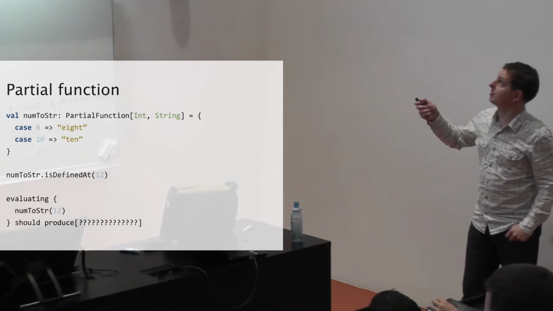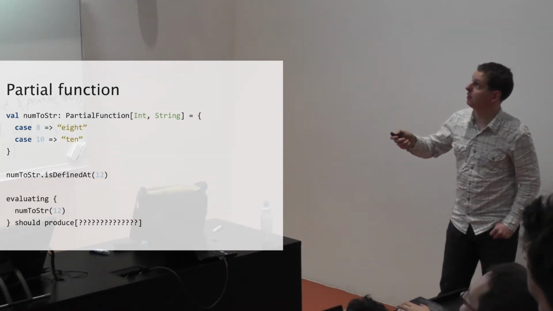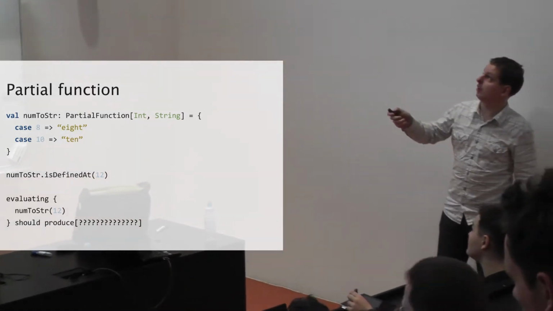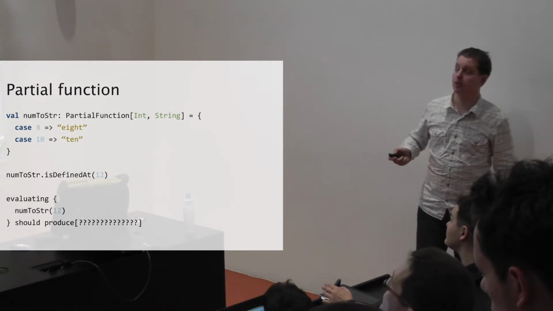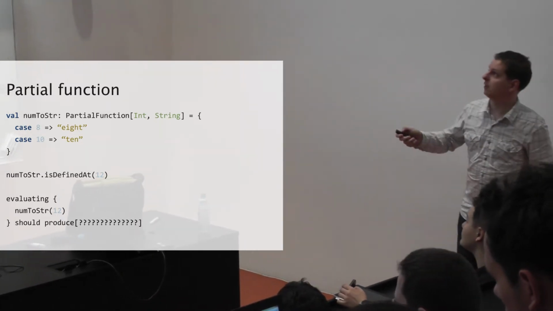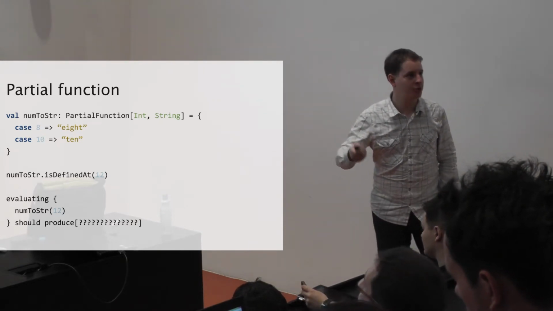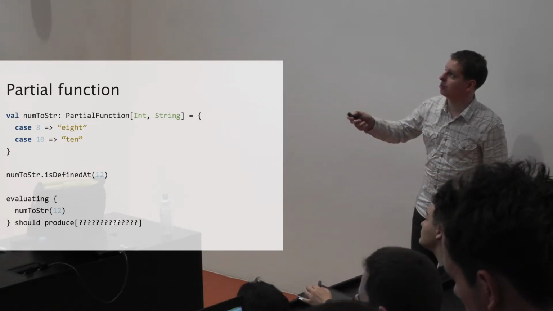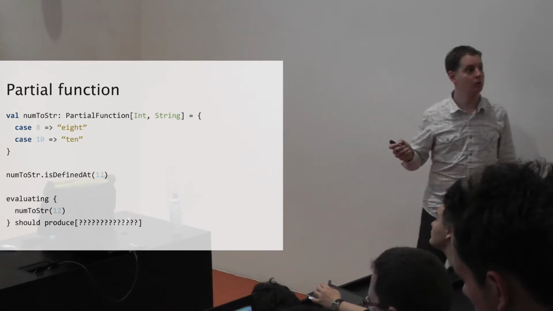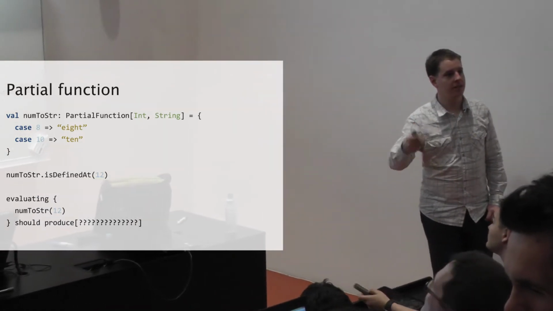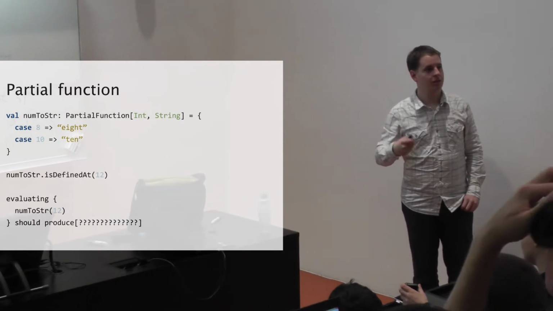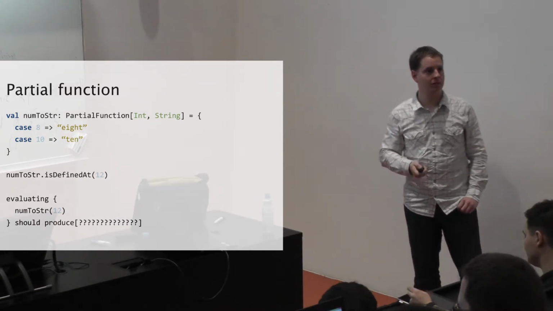Because this kind of syntax is compiled into an instance of a partial function with two methods. isDefinedAt has a match expression inside with these branches, and each of them returns true. And the default branch returns false.